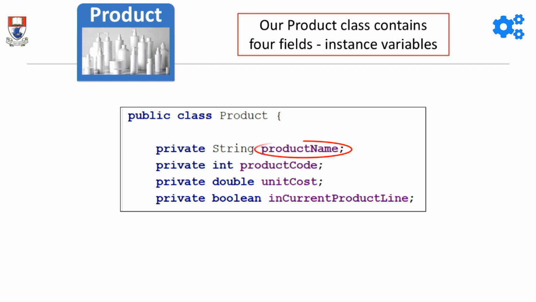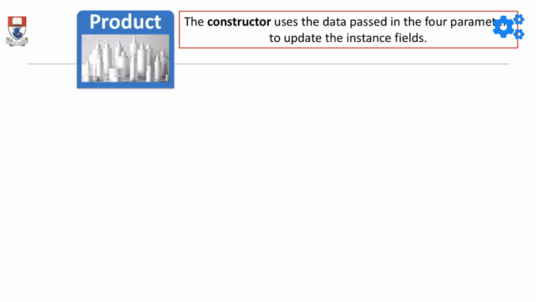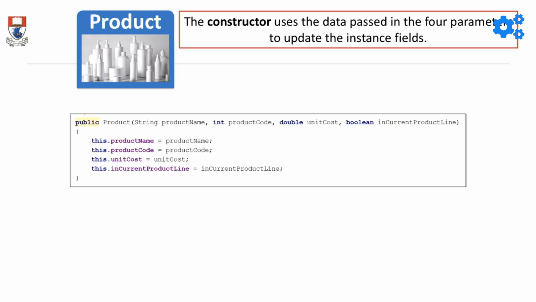Again, product has 4 instance variables, four fields. We also have the constructor. The constructor uses the data passed in the 4 parameters to update the instance fields, which you'll see here.